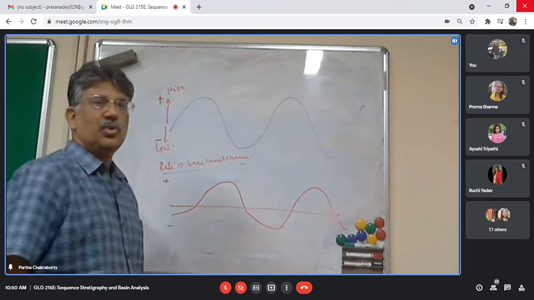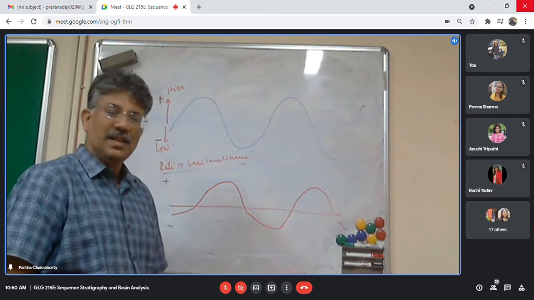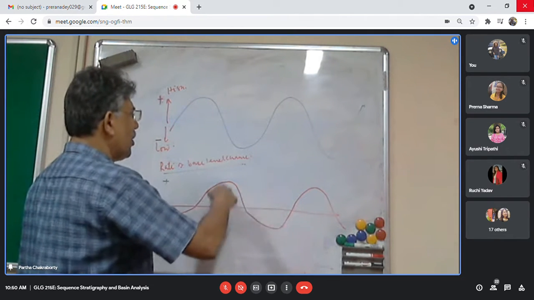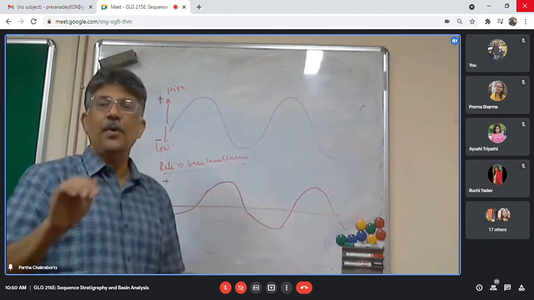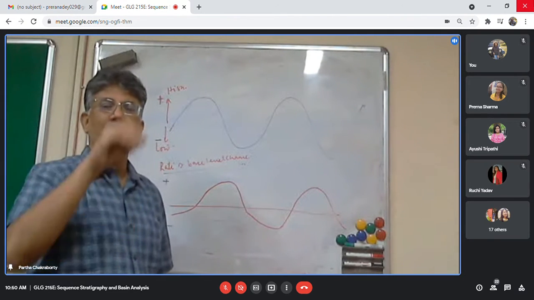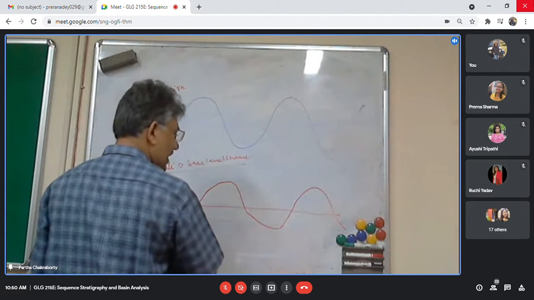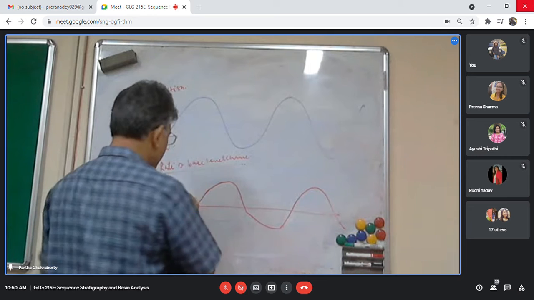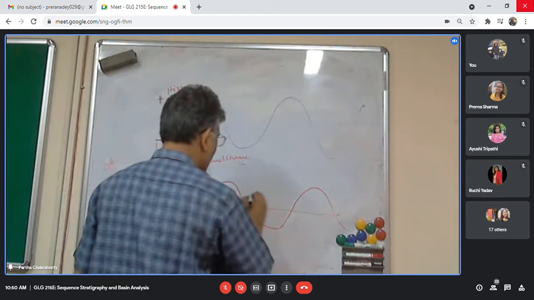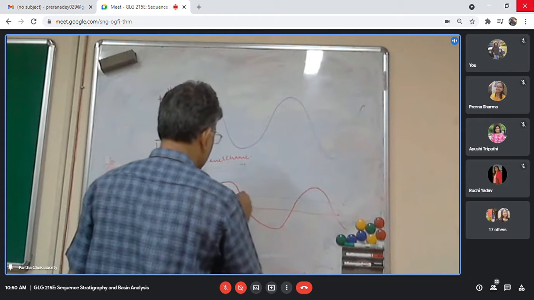What I am doing here, I will be superimposing on this relative sea level curve, the rate of base level curve, a uniform sedimentation rate. I will superimpose a uniform sedimentation rate.